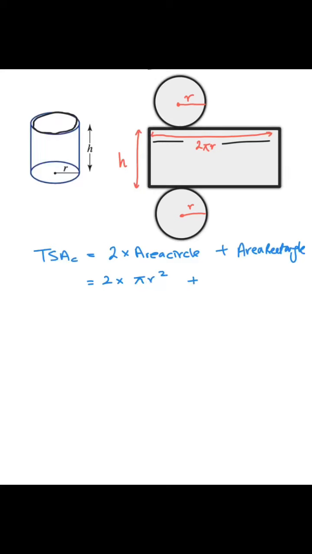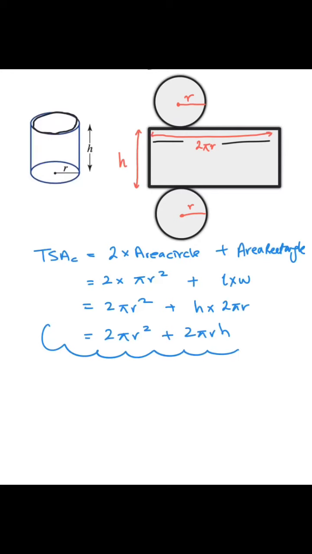And to find the area of my rectangle, it's length times width, or height times width. In this case, I have 2 pi r squared. My height in this case is h, and my width is 2 pi r. So that gives me 2 pi r squared plus 2 pi r h. This is my total surface area formula.